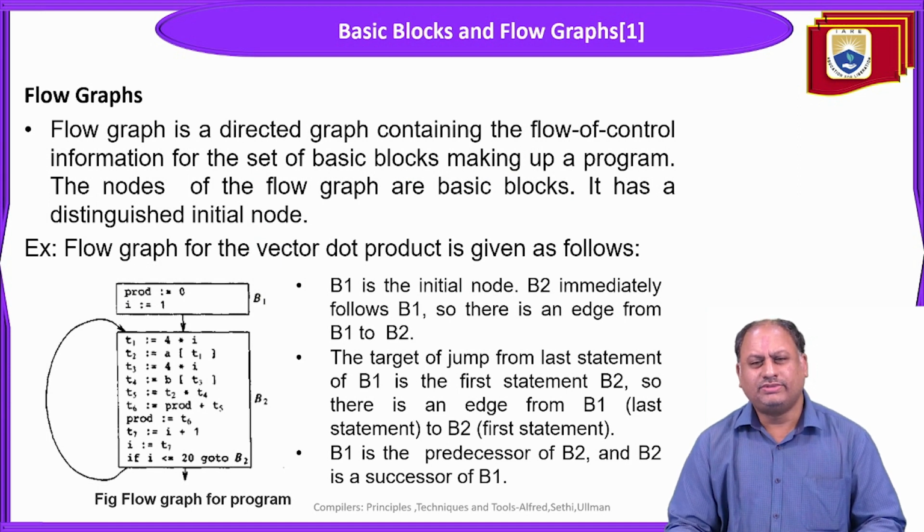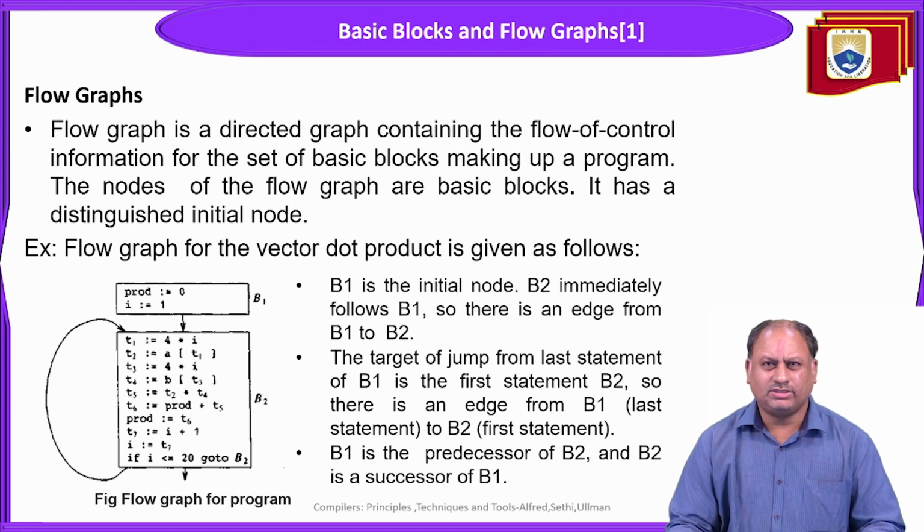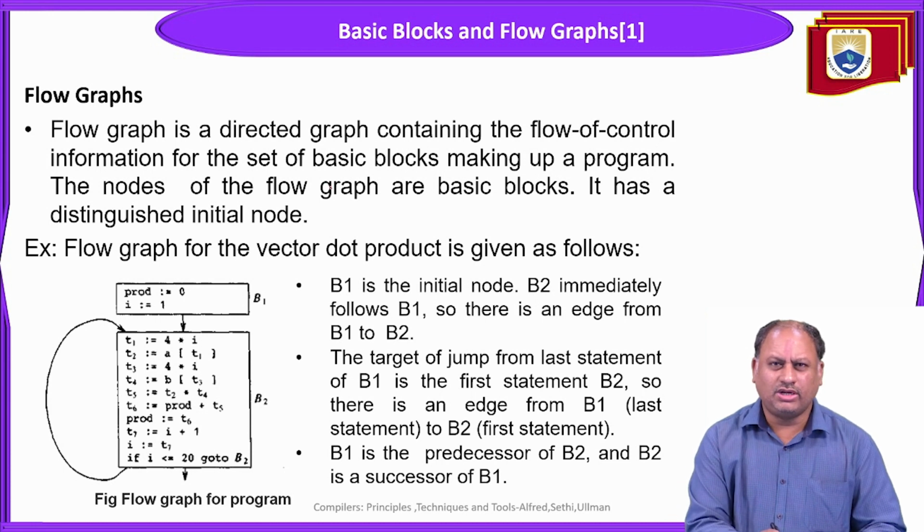Now, flow graphs are to be implemented with this set of three-address statements as part of the basic block notation. We know that a flow graph is a graph, and the information is represented inside the flow graph with the help of these basic blocks that make up a program.